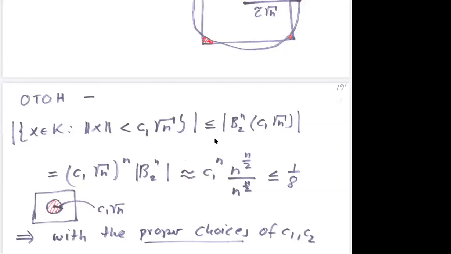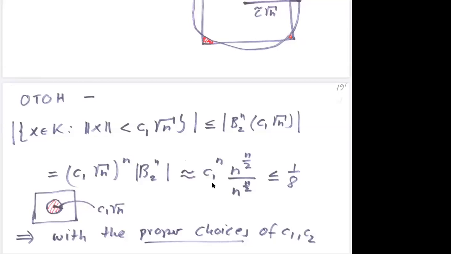That is trivially smaller or equal than the volume of the whole ball with radius C1 root n, which is C1 root n to the n times the volume of the ball. This is of the order C1 to the n times n to the n over 2 coming from here, and then comes the volume of the ball, which modulo a constant is also n to the n over 2.